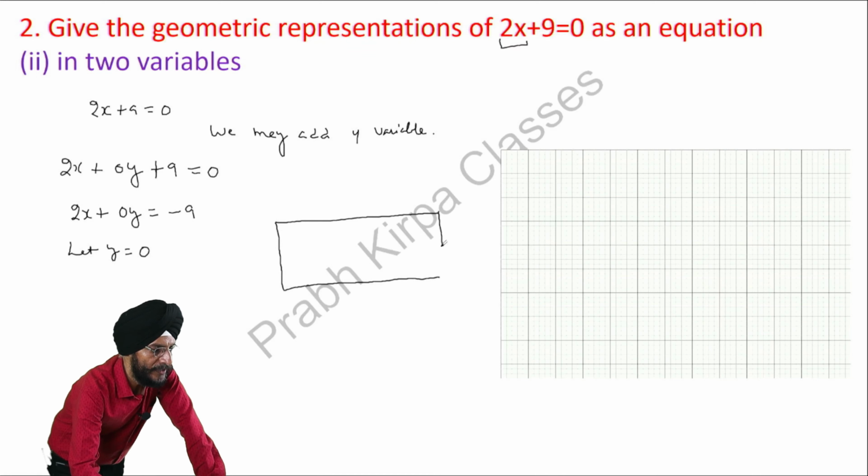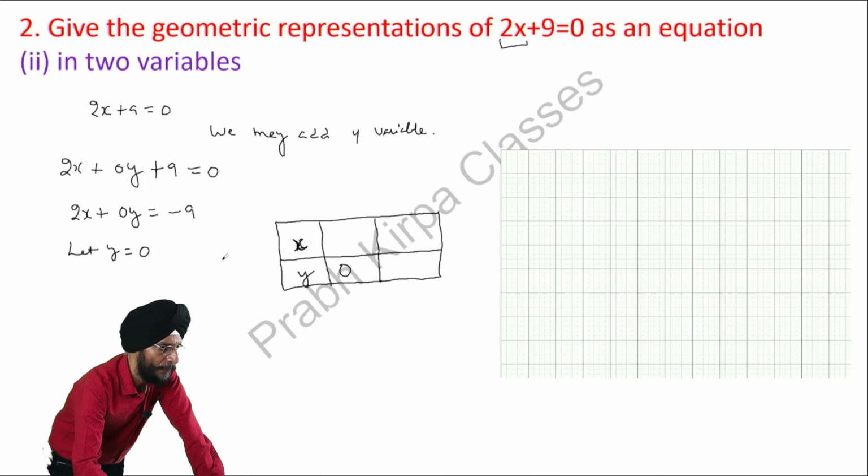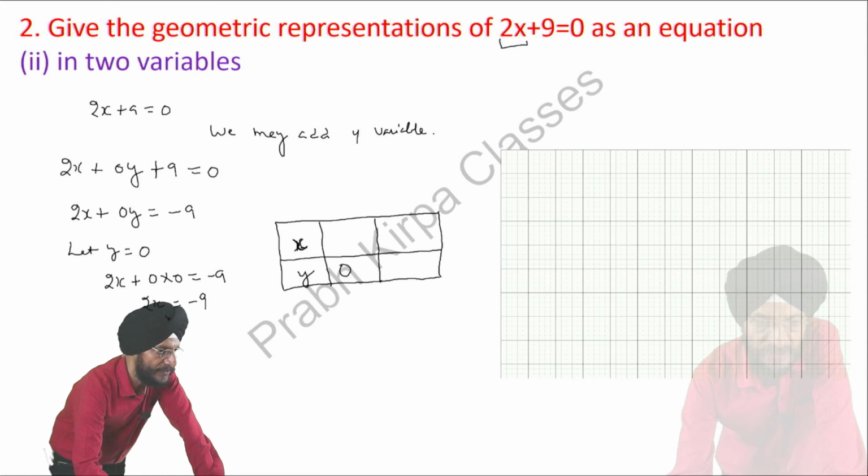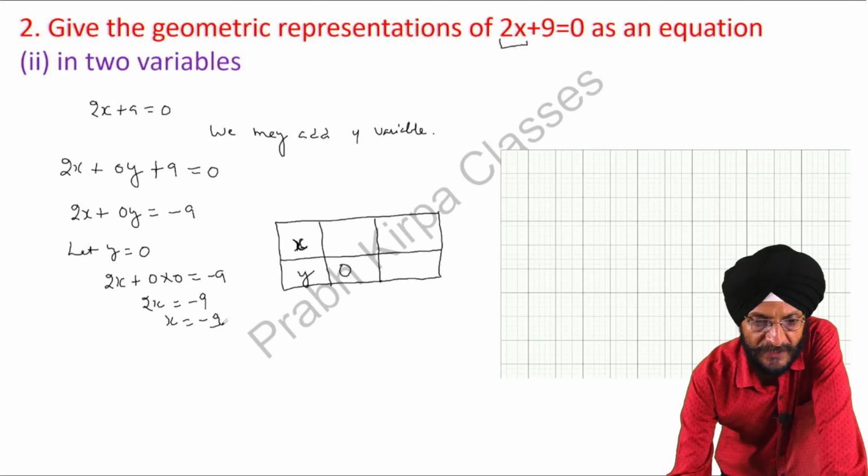We will form a small table where we will write the values arrived at. Here we have assumed the value of y is equal to 0. When the value of y is 0, what will happen? 2x plus 0 into 0 is equal to minus 9. 2x is equal to minus 9, x is equal to minus 9 over 2, which is minus 4.5.